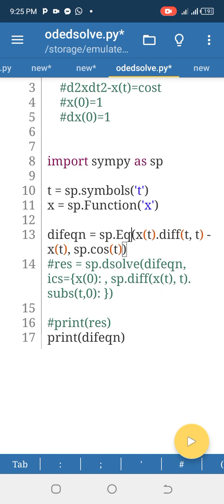So how do we write this differential equation? After putting a capital Eq, we open brackets, then we have x.diff(t, t).